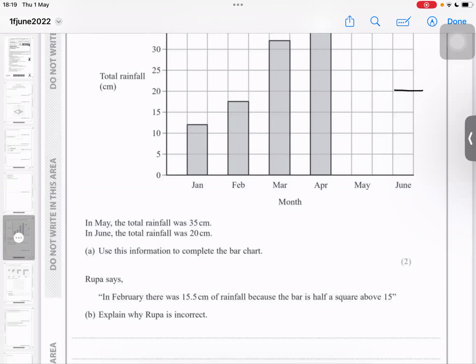If we wanted to be accurate about where February is, it's 17.5, which is 15 plus 2.5. Did you get that? Yes. That's the reason why Rupa is incorrect. His or her interpretation of the scale is faulty.